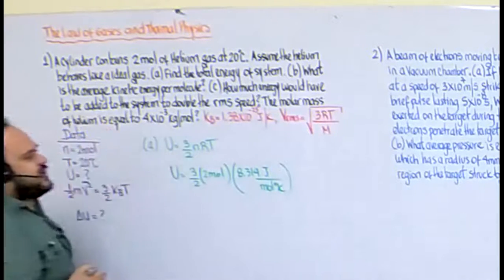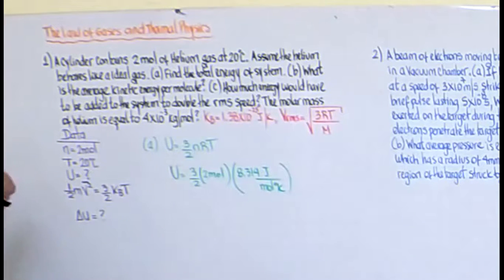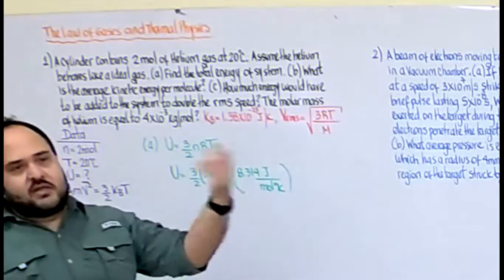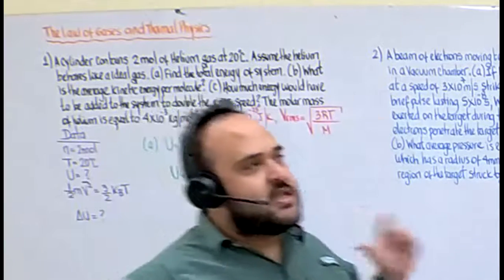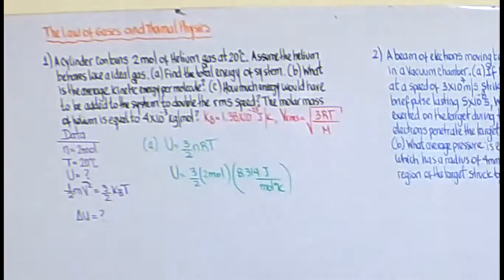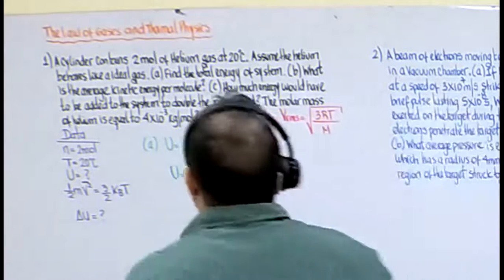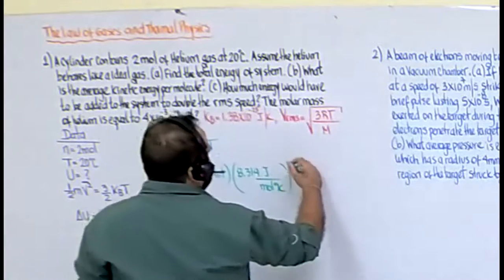And the temperature, we have 20 Celsius degrees, but remember, we cannot work using Celsius degrees. If you want to change Celsius degrees into Kelvin degrees, the only thing we have to do is add 273 plus 20. In this case, we have 293.